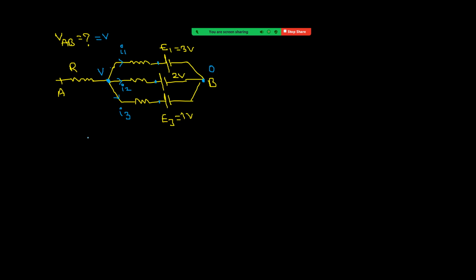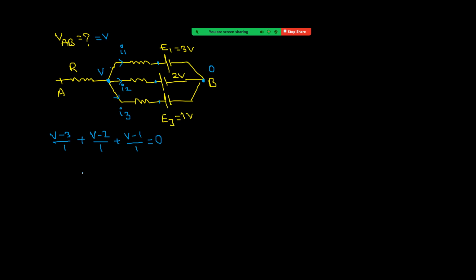Then see carefully, the potential difference is V minus 3, upon resistance 1. That is I1. Plus V minus 2 upon 1, plus V minus 1 upon 1, that is I3.